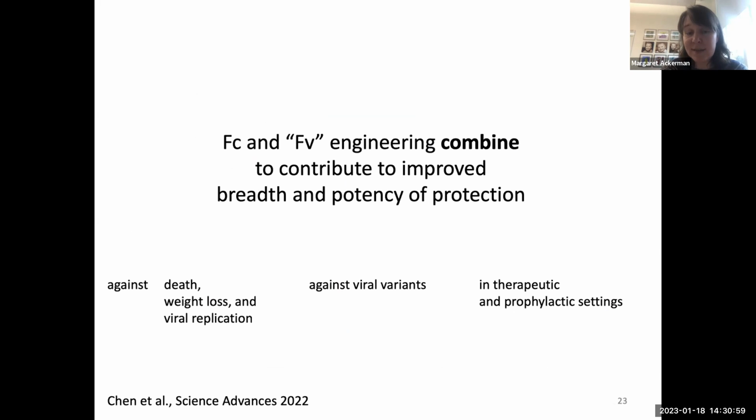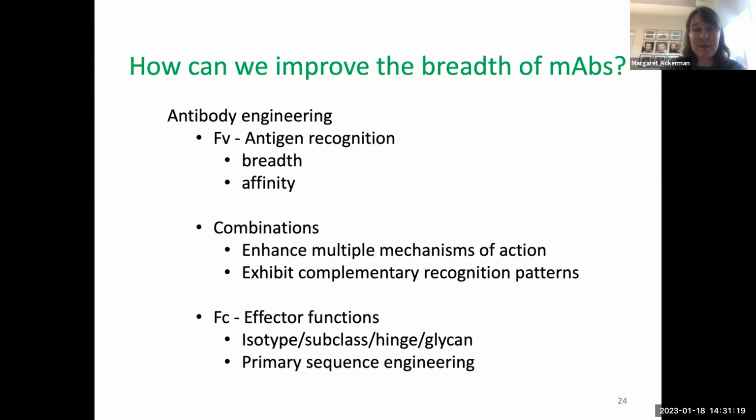It's shown across at least one viral variant and in therapeutic and prophylactic treatment settings. And so these two approaches of making the molecule as potent as possible at both of its functional domains seems to have an additive effect.